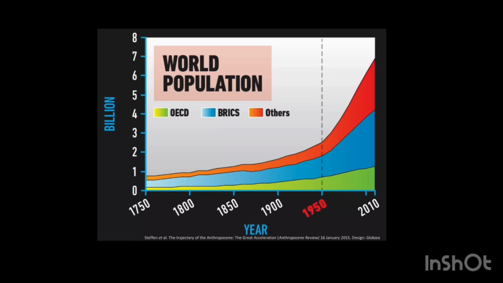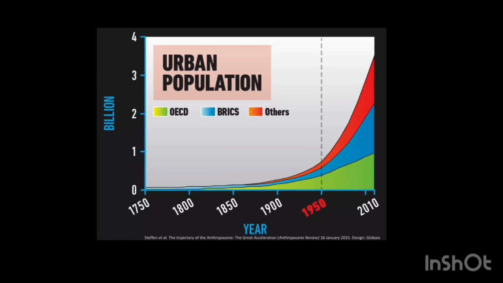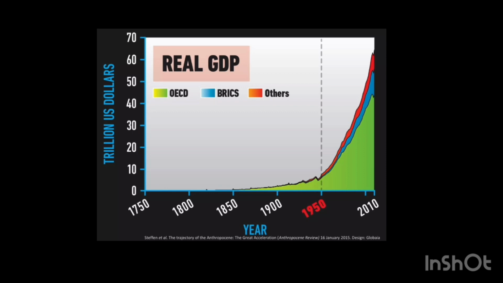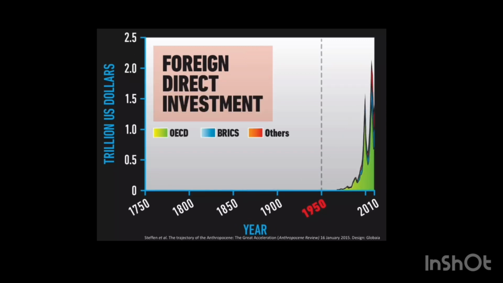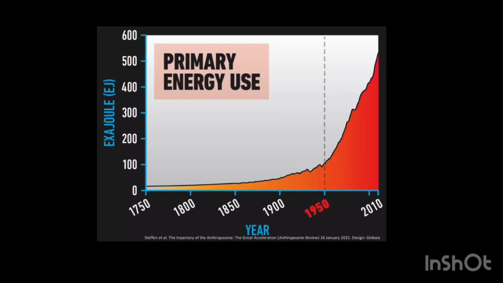And then what you see is urban population on the planet, which is skyrocketing by the time of the 1950s. And then you see the real GDP of countries again accelerating dramatically by this time. You would also see foreign direct investment skyrocketing after the 1950s, and you also see the primary use of energy accelerating by the 1950s.